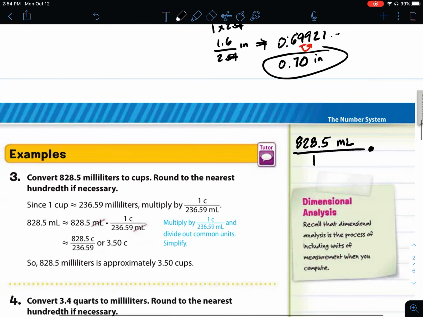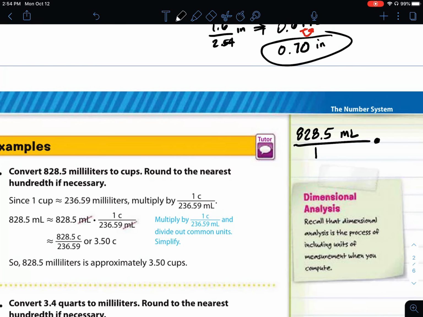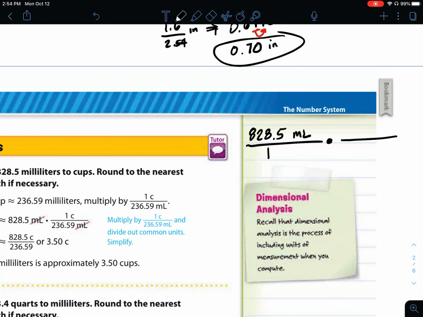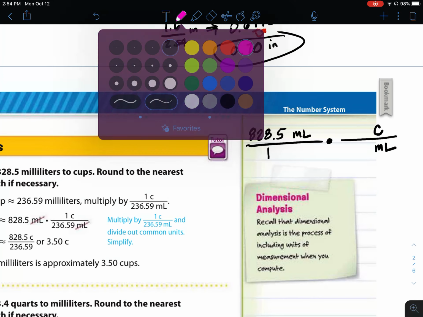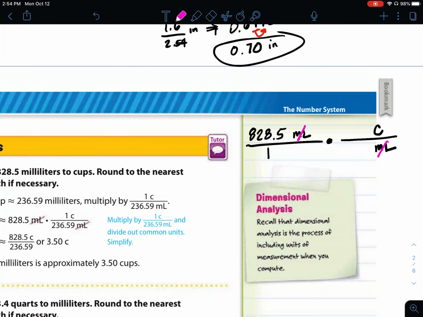And I need to find now my conversion factor, where it will lead me to cups. So that means my milliliter will still be here at the bottom, and cups will be on top. Why is that again? Because we want to cancel out our milliliters right away.